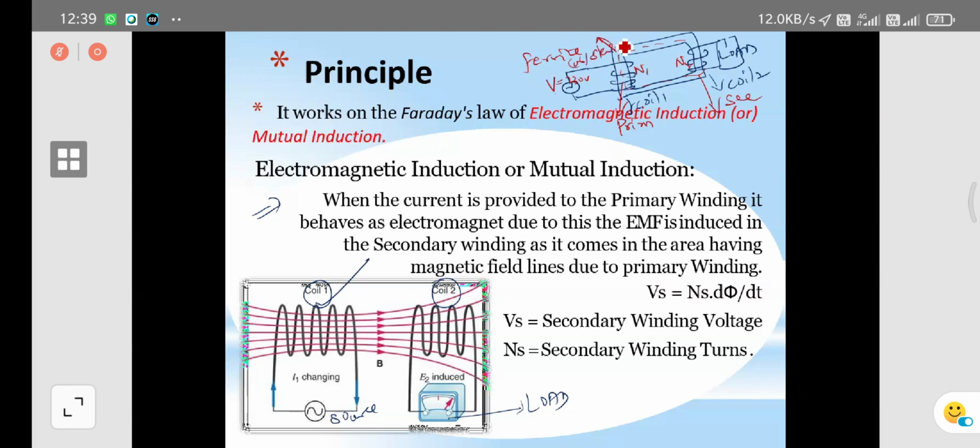As input voltage is applied to the primary winding, an electromotive force is set up in the electric domain.